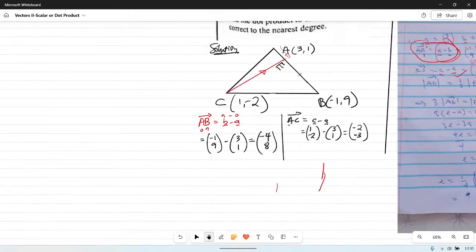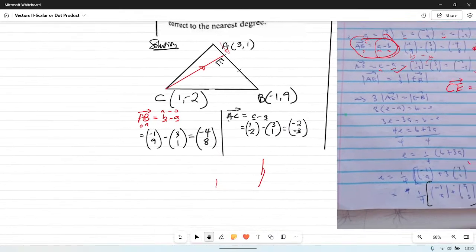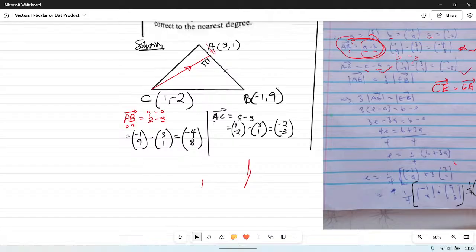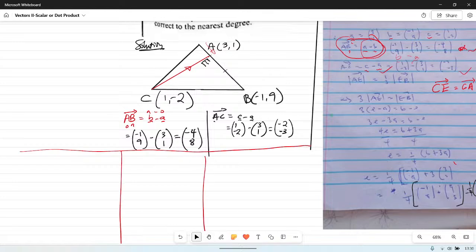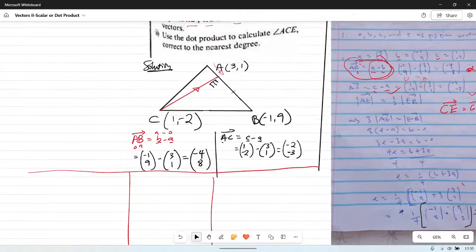I can move plenty distance to the right. Okay, I want to find the point E. Let me see.